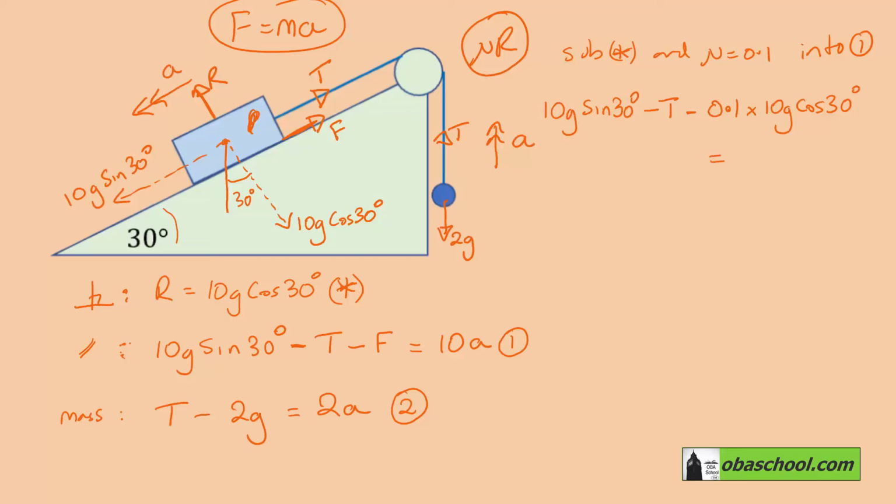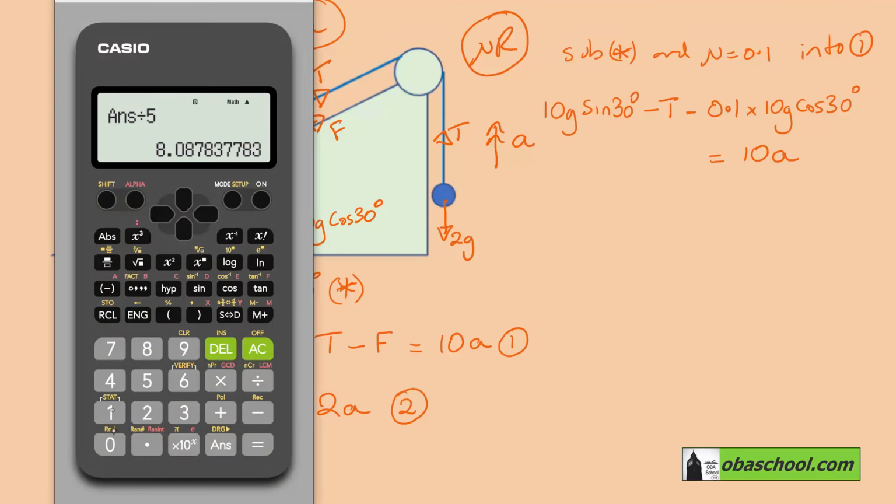That is going to be equal to 10a. Now we can do some calculation there. So if g is 9.8, 10 times 9.8 times sine 30. And the other thing that I know is just a number is the 0.1 times 10g cos 30. So I can take that away.